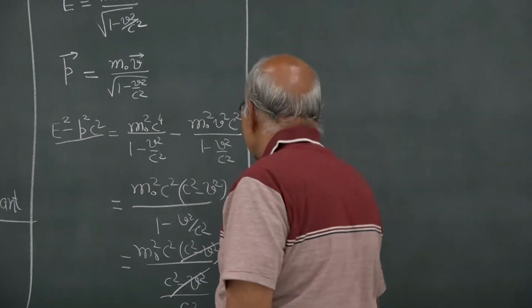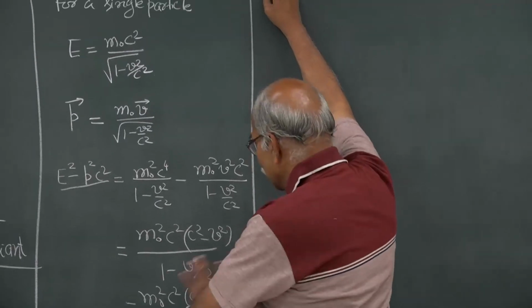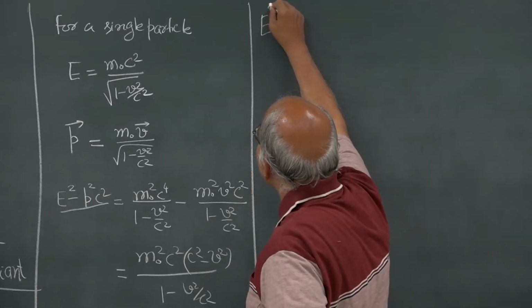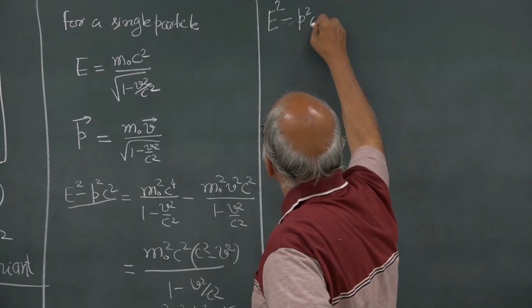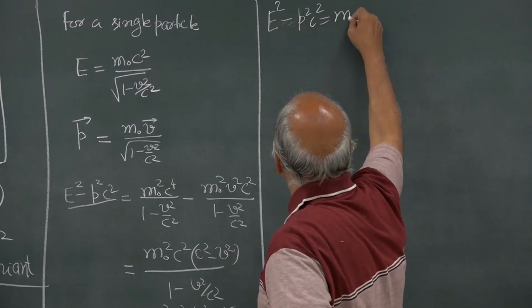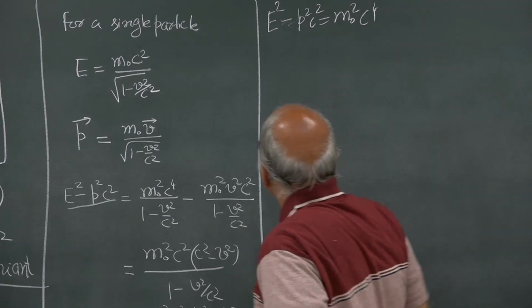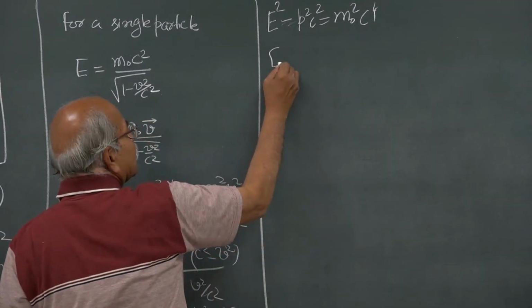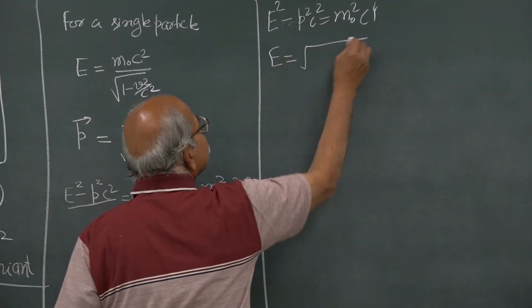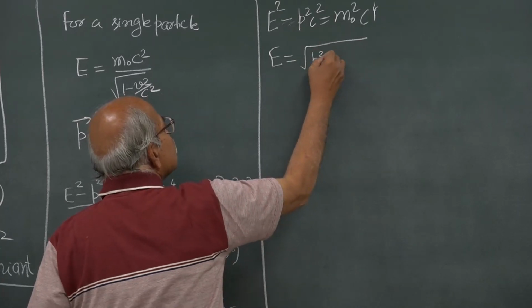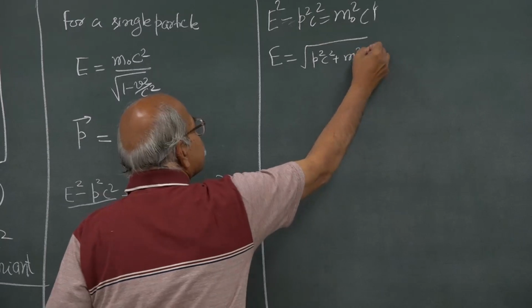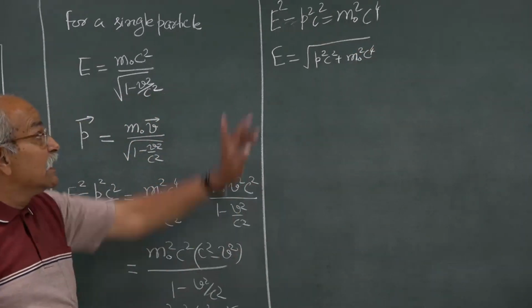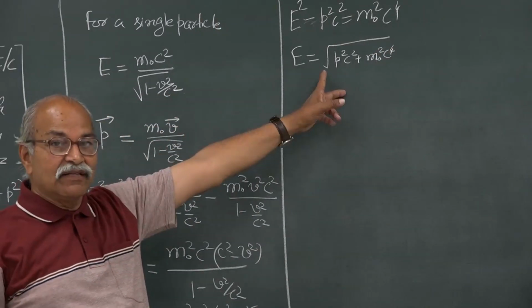So for a single particle, you have another good relation: E square minus P square c square is equal to m naught square c to the power 4. Very useful equation. E you can write as square root of P square c square plus m naught square c to the power 4. Remember, for a single particle.